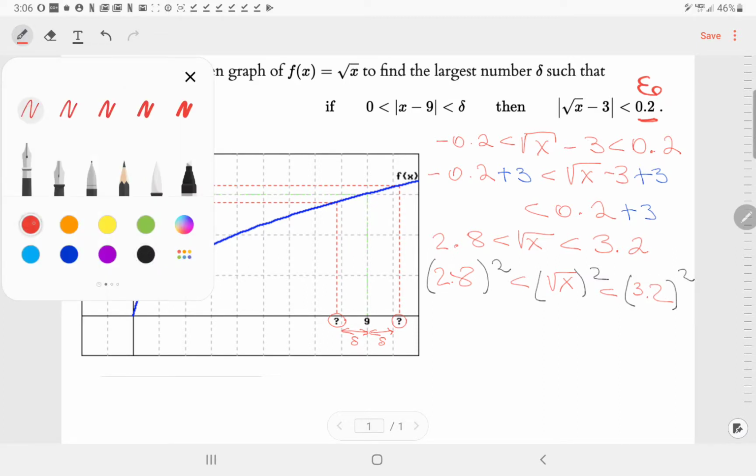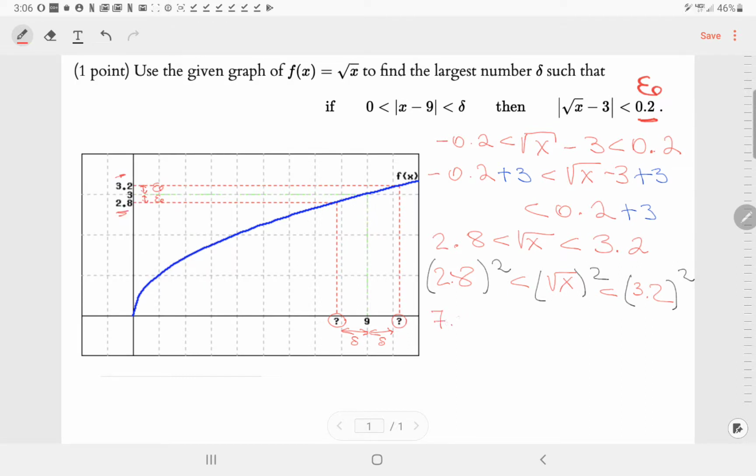And if we solve all of those, 2.8 squared is 7.84, less or equal to, the square root and power 2 cancel each other out, so we'll just have x, and 3.2 squared is 10.24.